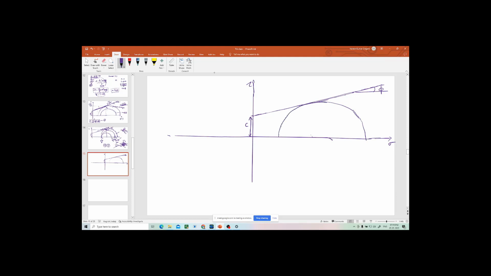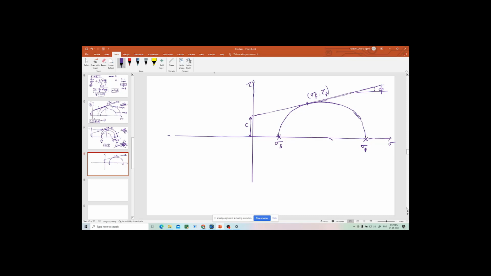So now what will I do? This is the Mohr circle which is representing the soil sample which has just failed. As I told you, I will consider this as the minor principal stress, and this as the major principal stress, which is sigma 1, because there is no tau. And this point, as I told you, is sigma f, tau f, because that point represents the failure plane stresses.